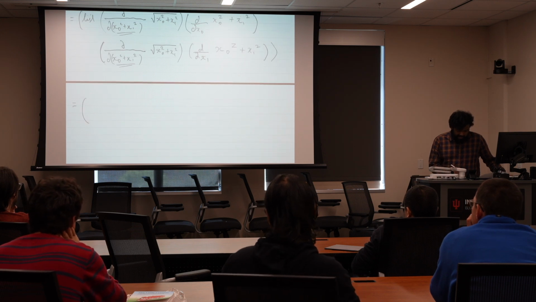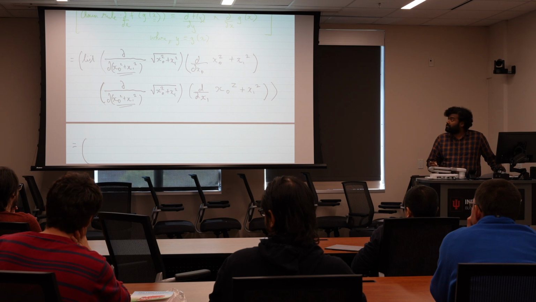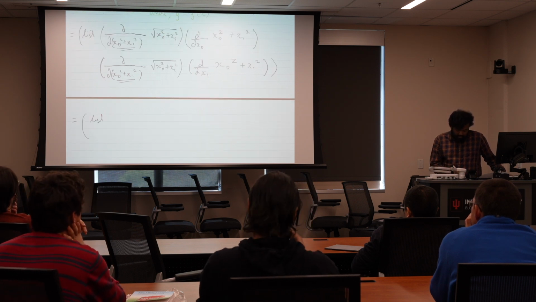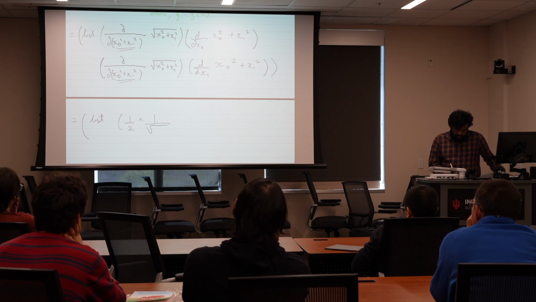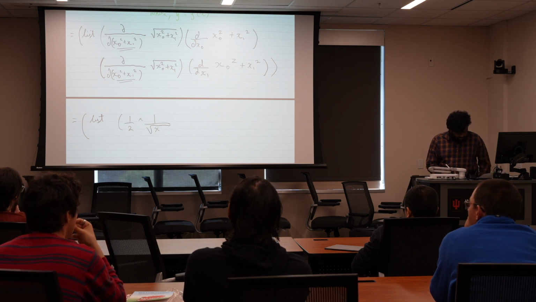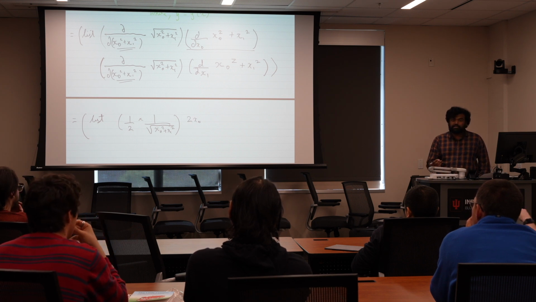I think we know that the derivative of square root of some input is the same as half times the reciprocal of the square root. And the result of this would be just 2 times x0 because x1 is considered as a constant.